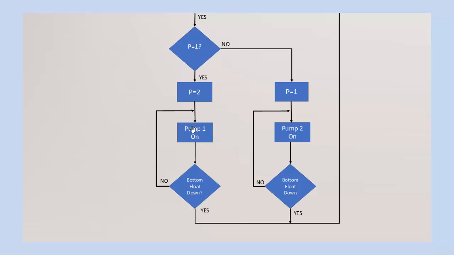Then we're going to turn on pump 1, and once the bottom float is all the way down, we're going to shut off the pump. But if the bottom float is not all the way down, then we're going to keep on pump 1.